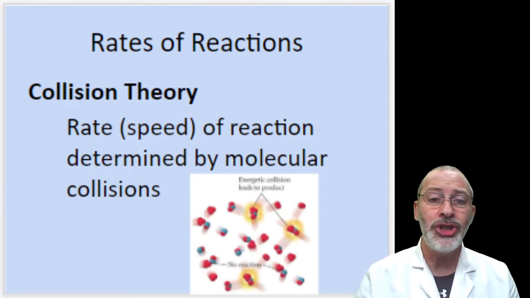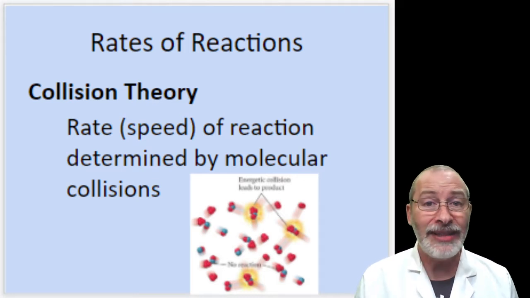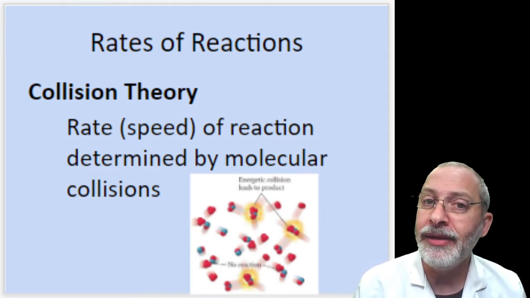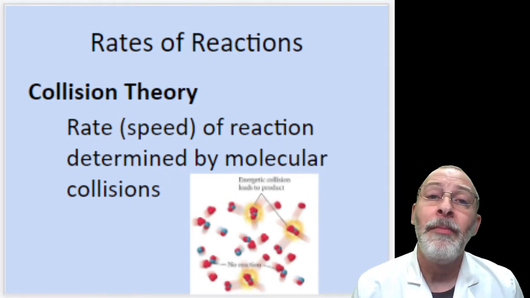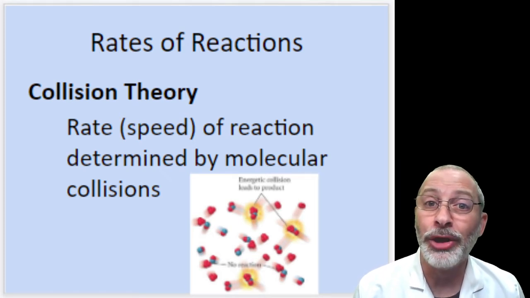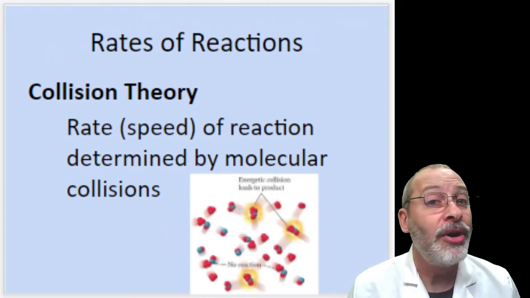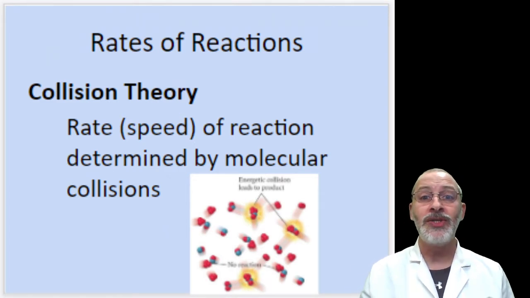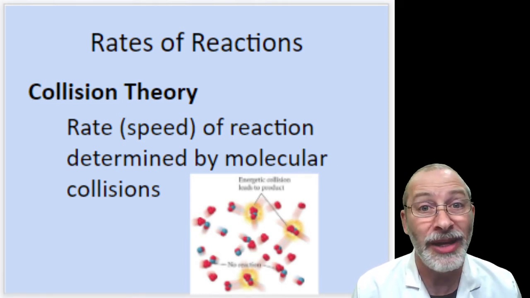Now, what the collision theory states is this: the rate or speed of a chemical reaction is determined by molecular collisions. Not only the number of molecular collisions, but also the speed at which those collisions take place.